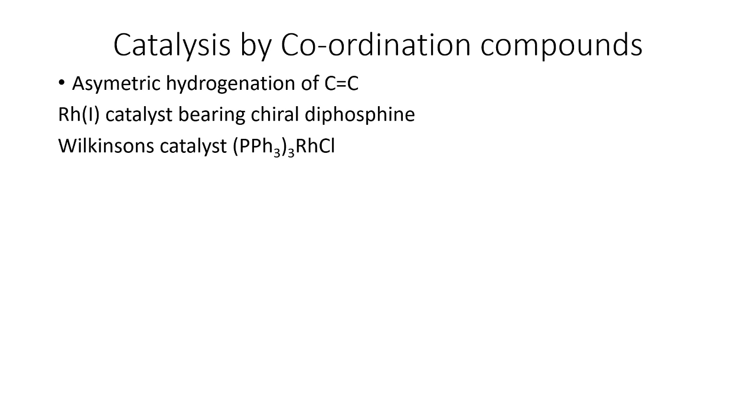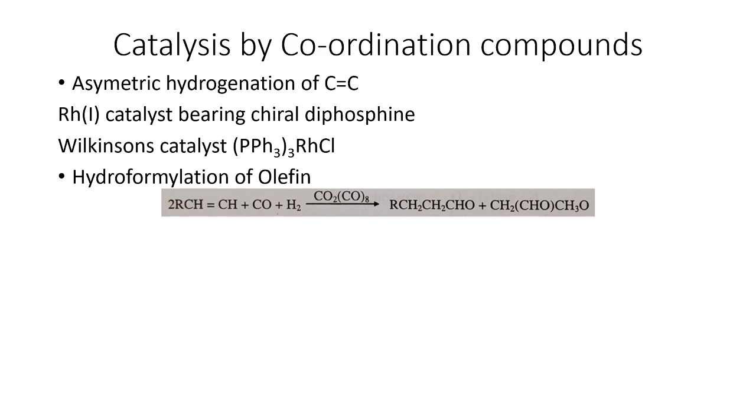There is one more catalyst, that is Wilkinson's catalyst, tris(triphenylphosphine)rhodium chloride, which brings about the hydrogenation of olefins. Then next is hydroformylation of olefins, which can be achieved by a cobalt complex. This cobalt complex gives you one-step synthesis, a renewable catalyst and less use of energy.